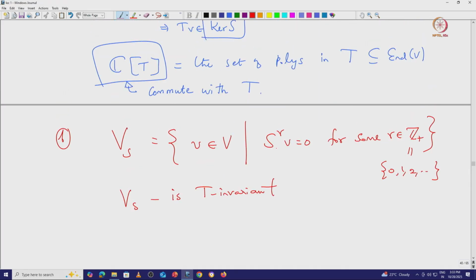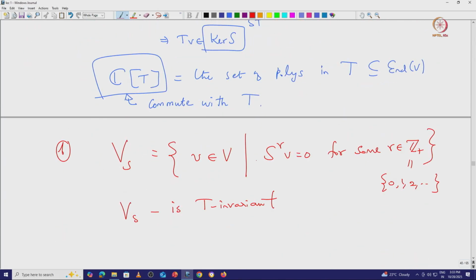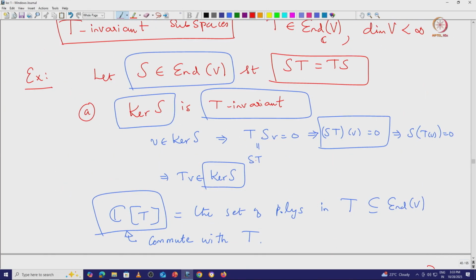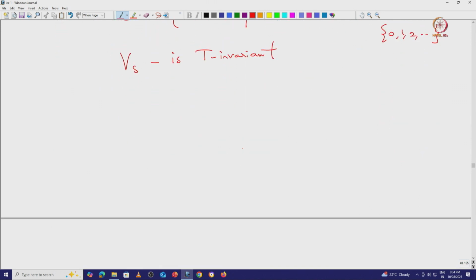So, these two exercises are the motivation to define eigenvalues and eigenvectors. If you are looking for something very simple that commutes with T, I already told you we can take polynomials in T, but among the polynomials the simplest are the linear polynomials.